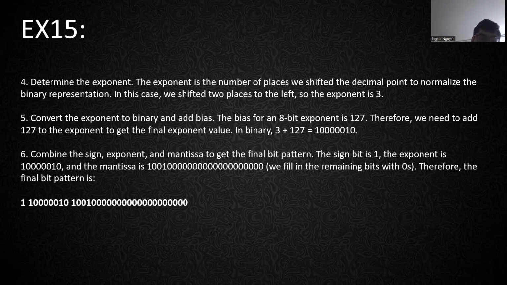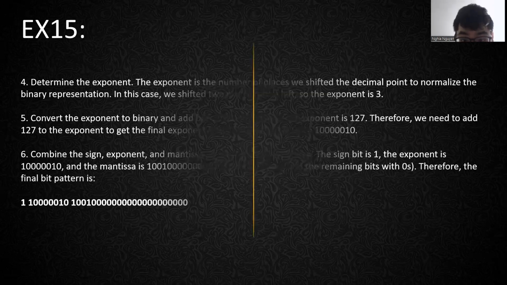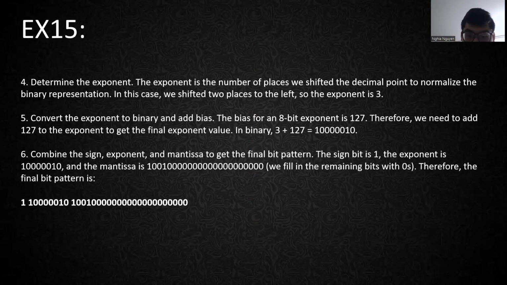The bias of an 8-bit exponent is 127. Therefore we need to add 127 to the exponent: 3 plus 127 equals 130.